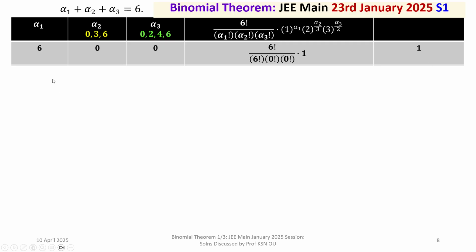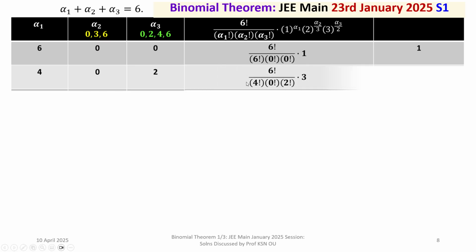With 6, we have exhausted the possibilities. Let us take the next possibility, 4. Now one may ask a question, sir, why not 5? When alpha 1 is 5, you don't have a 1 in the choice of alpha 2, or 1 in the choice of alpha 3. Therefore, 5 will not work. So alpha 1 is 4. Let us take alpha 2 as 0, alpha 3 as 2, so alpha 1 plus alpha 2 plus alpha 3 is 6.